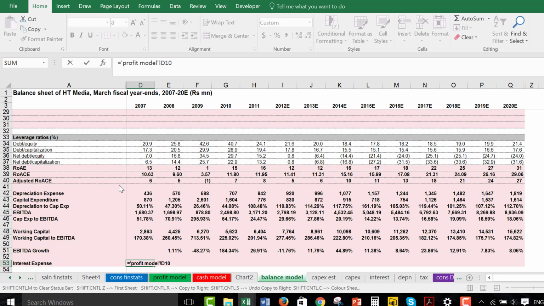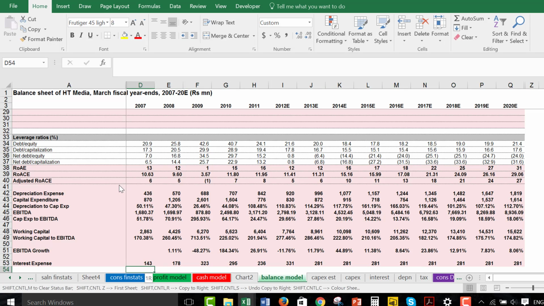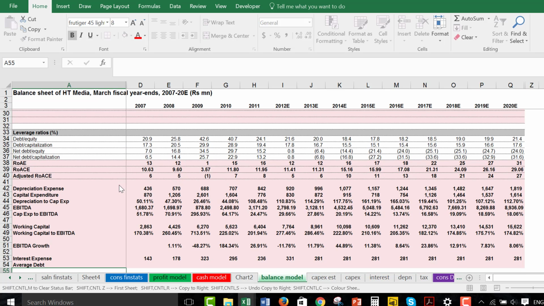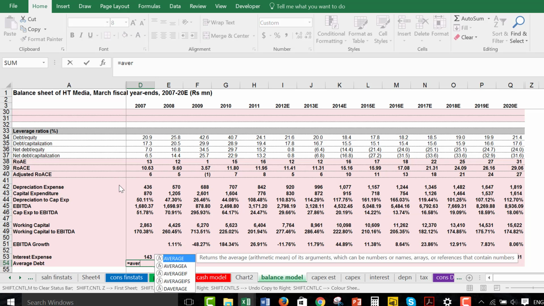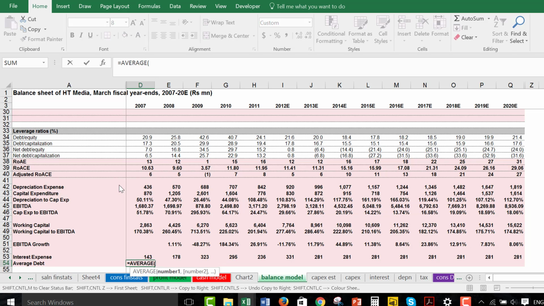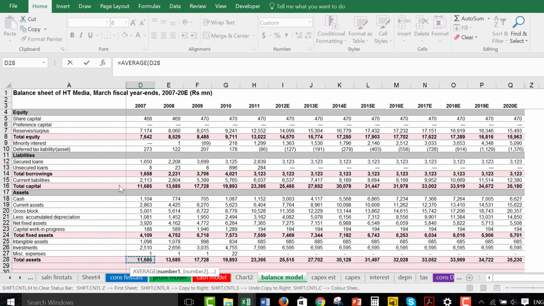I'm going to make that a negative, and then we can take that and compare that to the average debt, because if you're comparing a balance sheet item, you better kind of take the average, and up here, we have this.